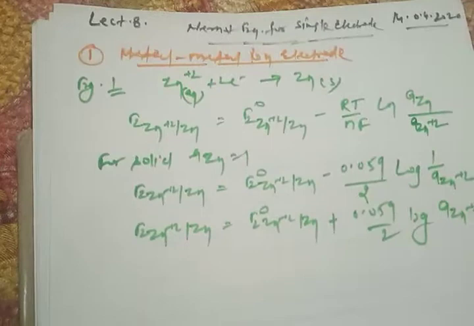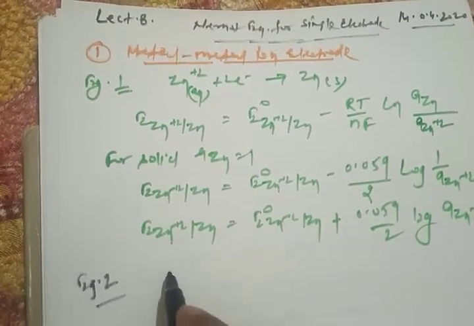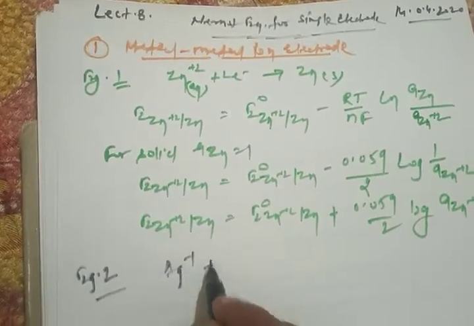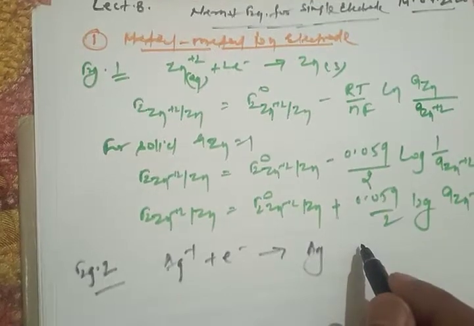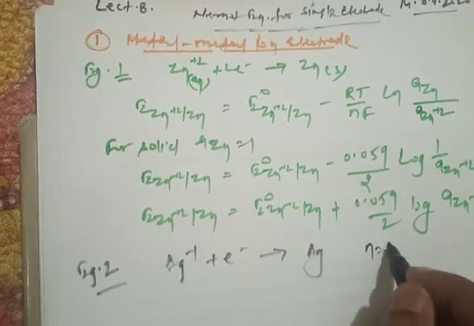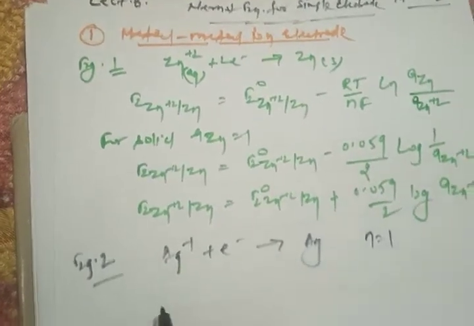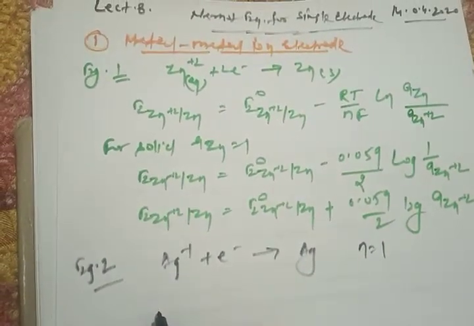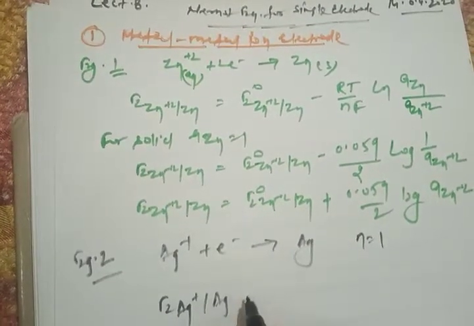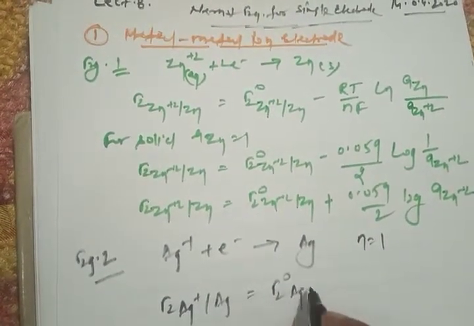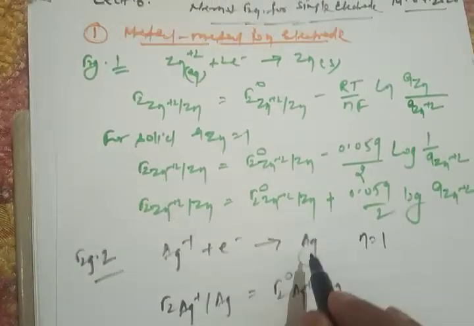Let's take one more example, example number 2. If we have Ag+ plus e negative, this will give Ag. Here the number of electrons, that means n, is 1. So I'm going to write the direct equation. What is the equation in this case? E Ag+/Ag equals E naught Ag+/Ag, and I'm writing directly, because it is activity of Ag upon Ag+.